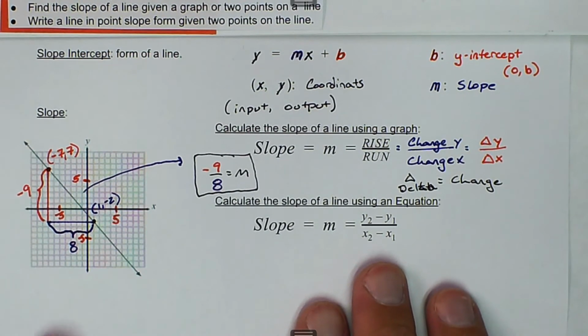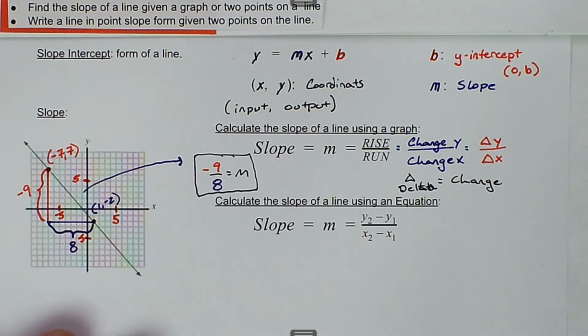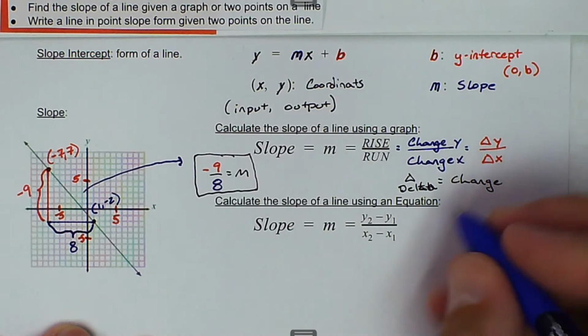So it actually doesn't matter which one we call x1 and which one we call y1. The only thing that matters is that we have the points stacked vertically over top of one another. So we have two coordinates.